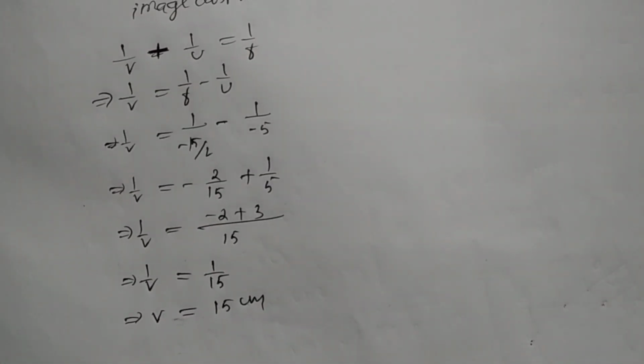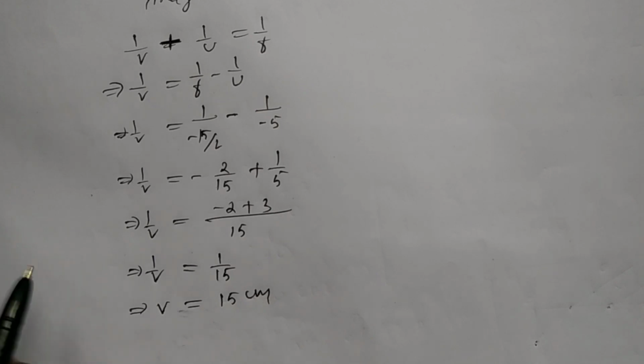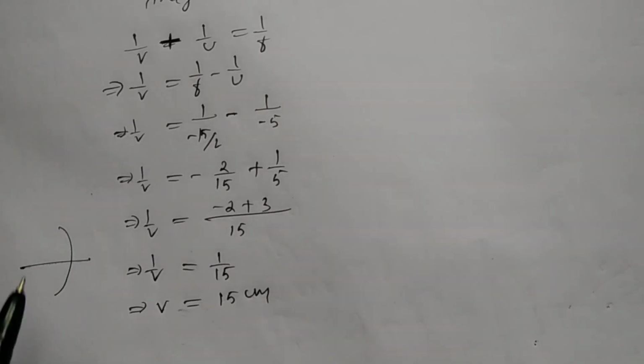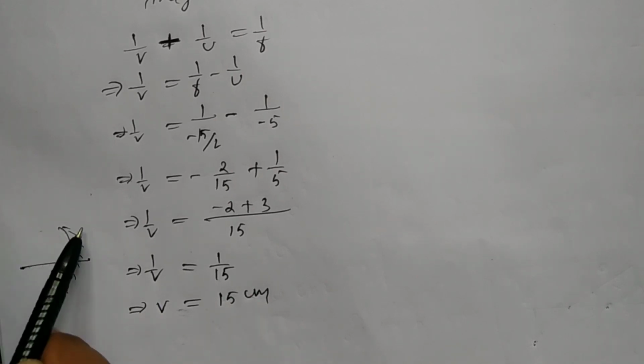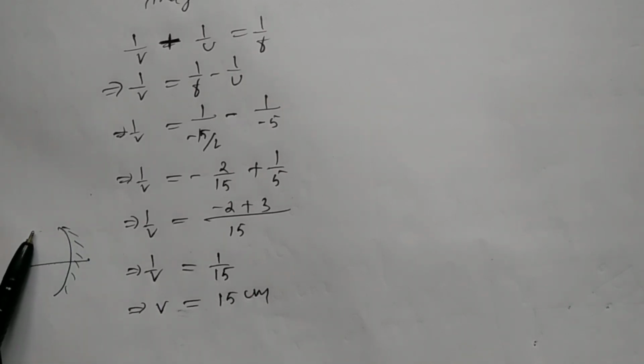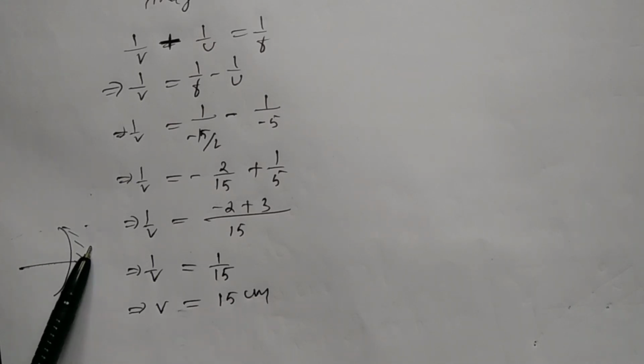Now look at here. v is positive means the image is behind the mirror. According to sign convention, this is a concave mirror, left hand side of the mirror, right hand side of the mirror. Negative means this side, positive means this side. Now look at here, v is positive means the image is behind the mirror. Like this way you have to find out.